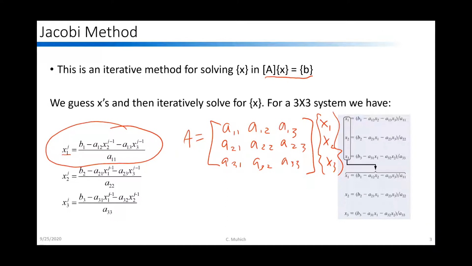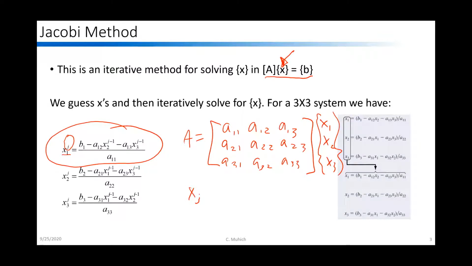What you'll notice is I've included an extra little index here at the top called j. This is going to be the index over which each iteration is going to take place. We used to write our indices right here below the x, but that's where we're going to keep track of which x we're solving for.